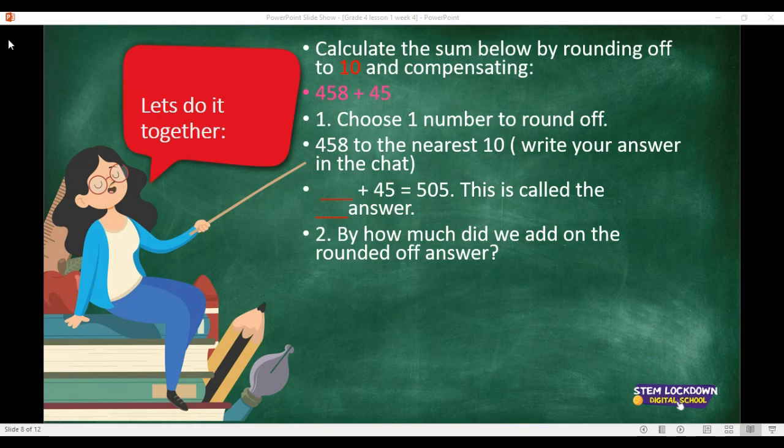That 505, what do we call it? We call it the answer. I'll check the answers now.